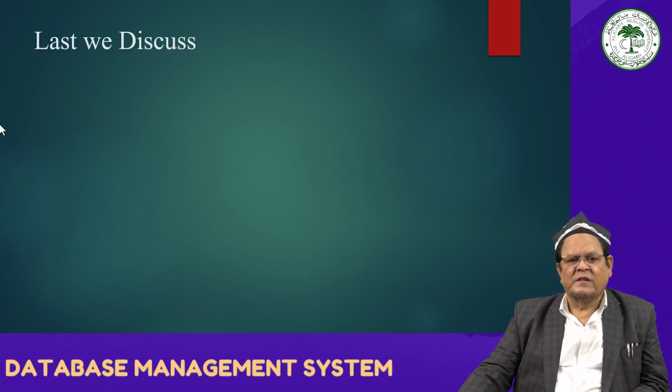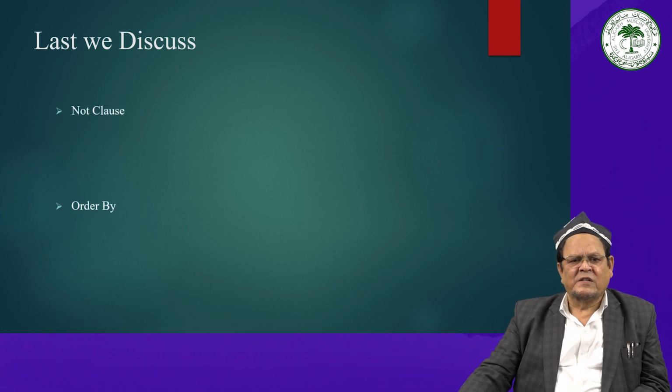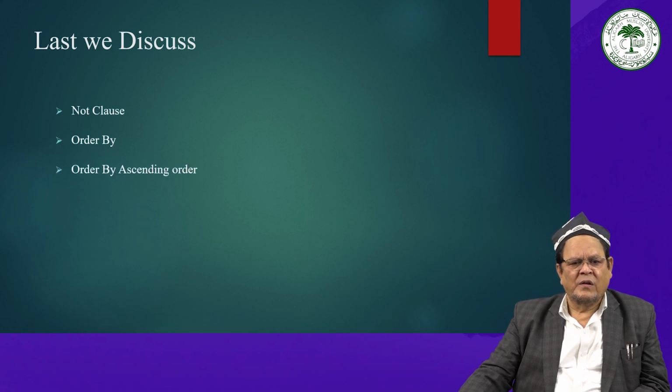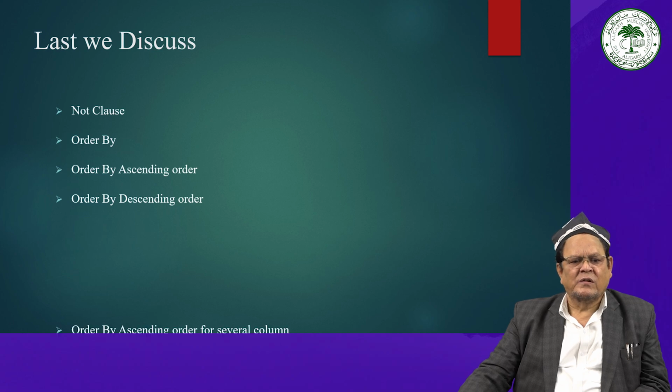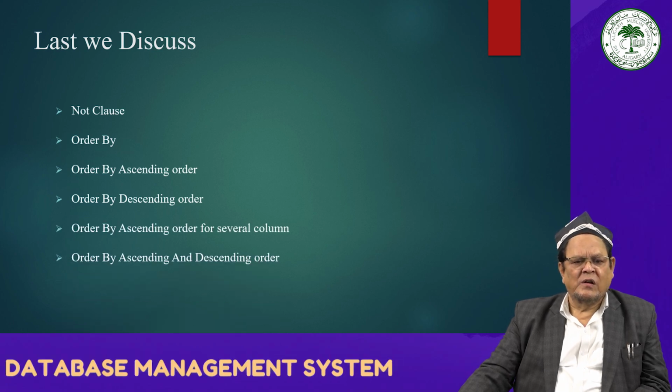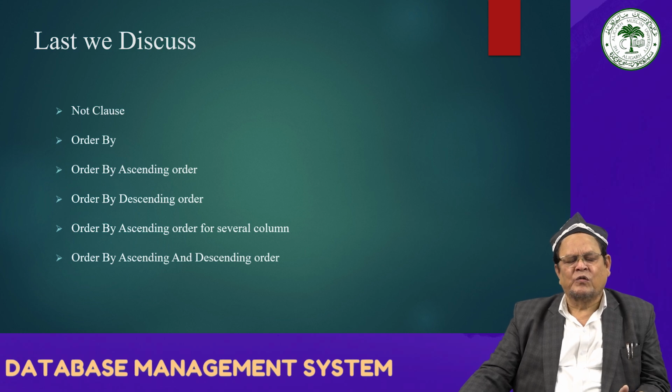In the previous lecture, I discussed ORDER BY in ascending order. It means the data we can sort in ascending order or descending order, for one column, two columns or several columns.